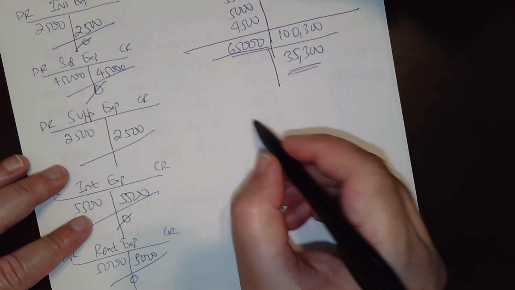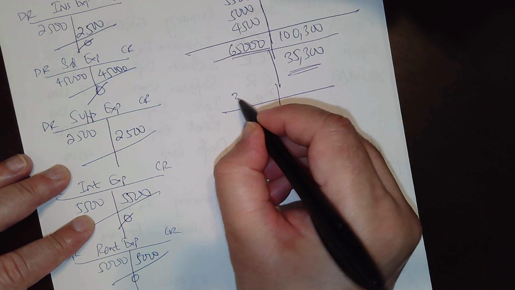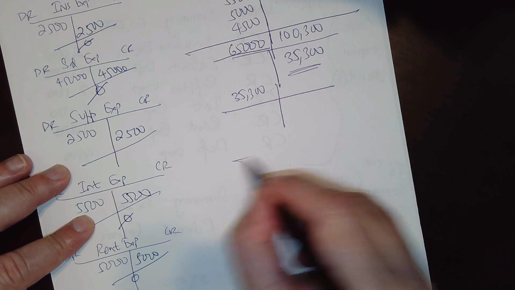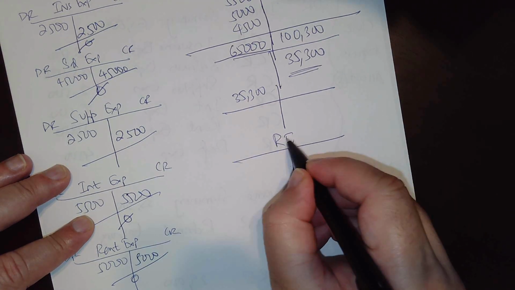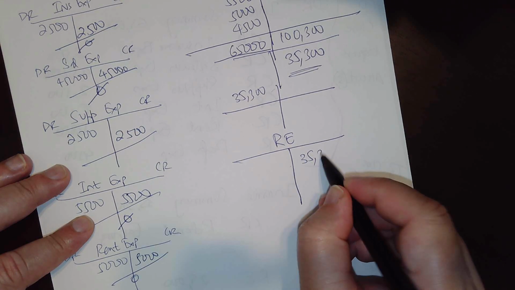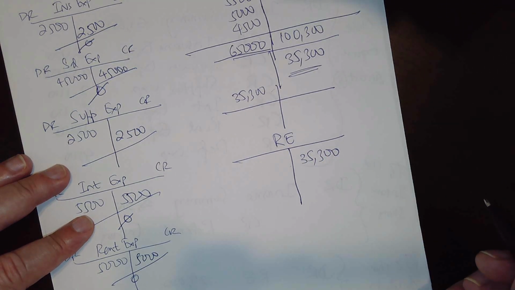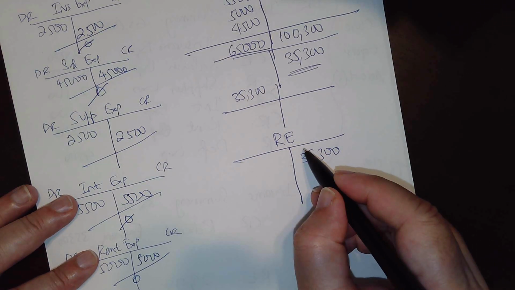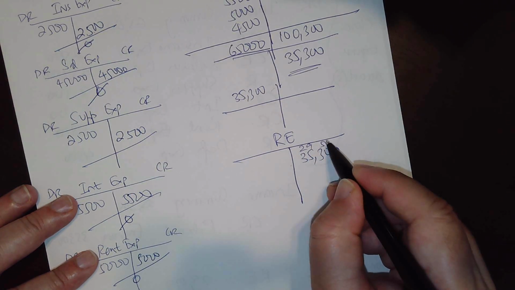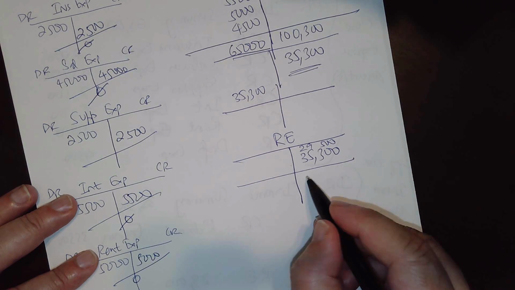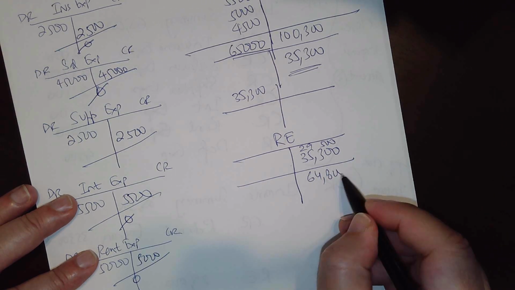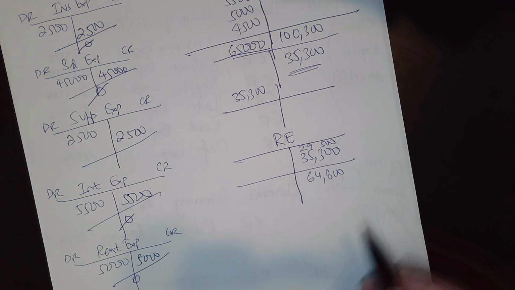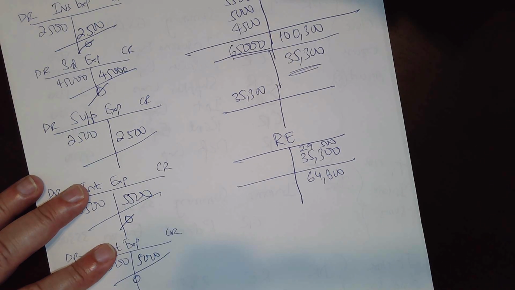You debit the income summary account for 35,300, and you credit the retained earnings account for 35,300. And it also already had a balance of 29,500 from the beginning. It gets 64,800 over here. Now you have a dividend account, you have to close this.